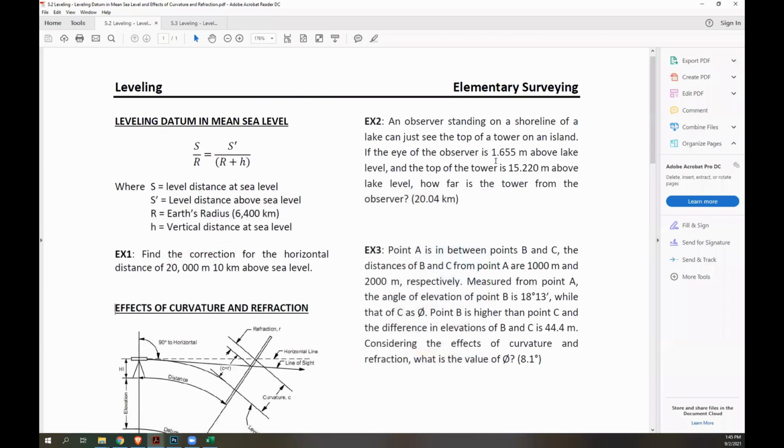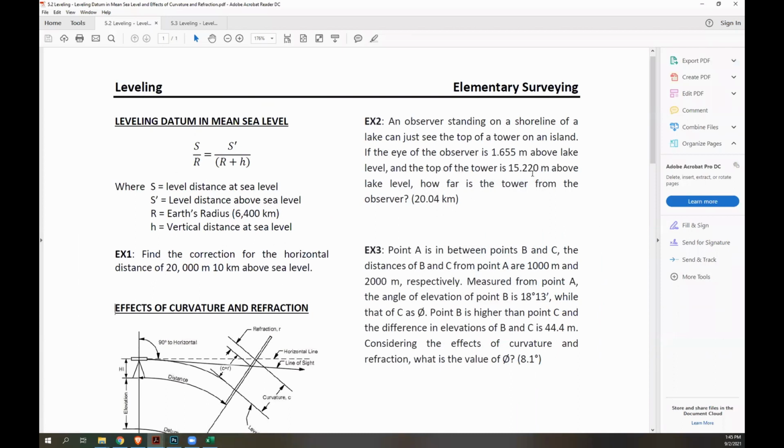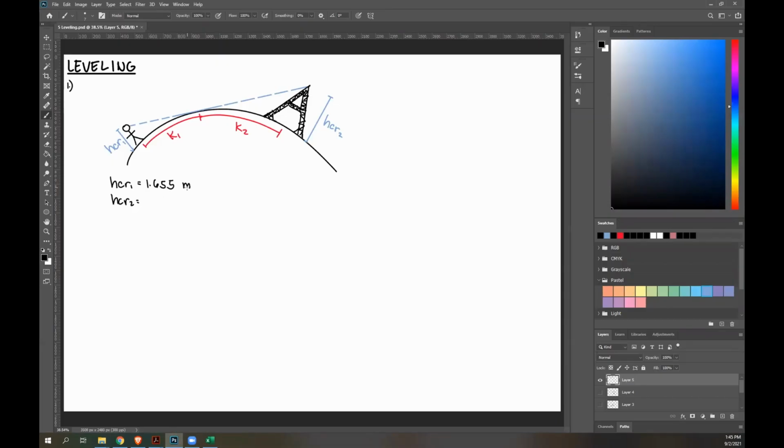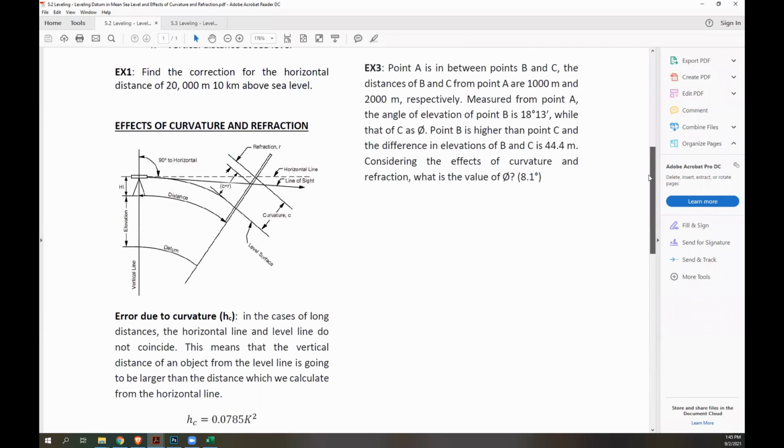That was 1.655, the eye level of your person. And then HCR2 is the height of your tower, which is 15.22 meters. And then remember, the equation for the correction K is 0.067.